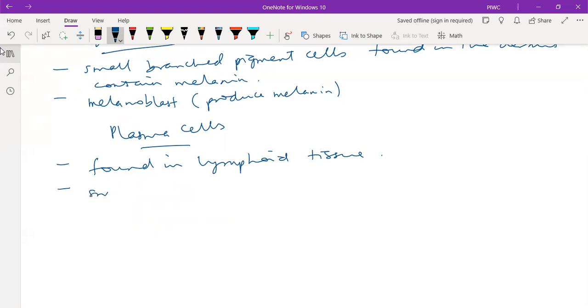So they have a small, dense, eccentric nucleus. They have basophilic cytoplasm.